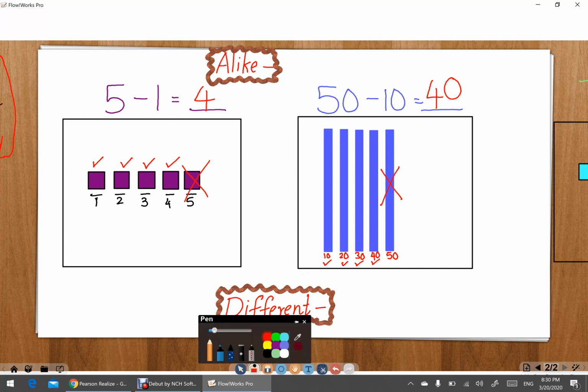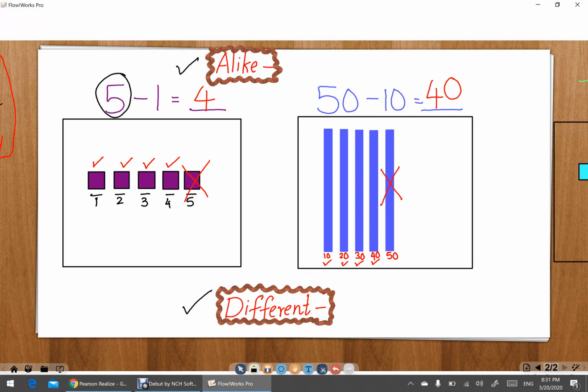Now, I have a question for you here. Both of these equations, how are they alike and how are they different? Who can tell me this? First, tell me how they both are alike. Good job. Because they have the same numbers. 5 and 5, 1 and 1.